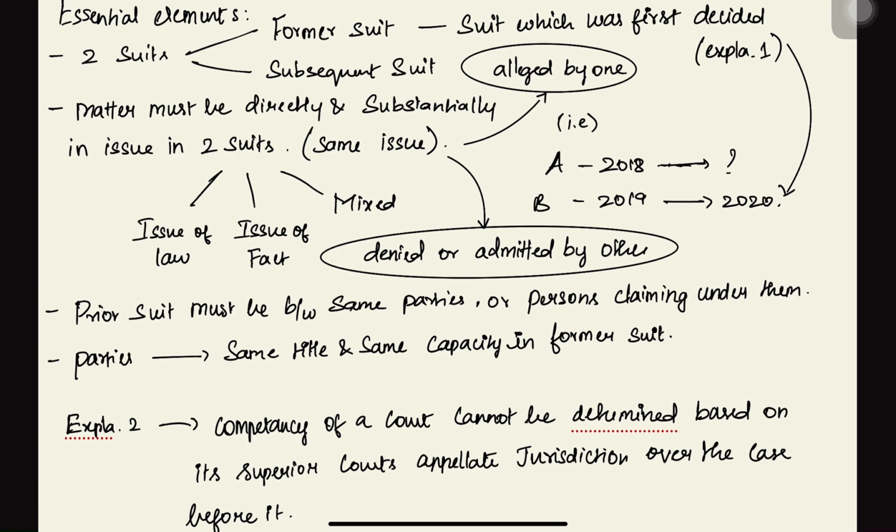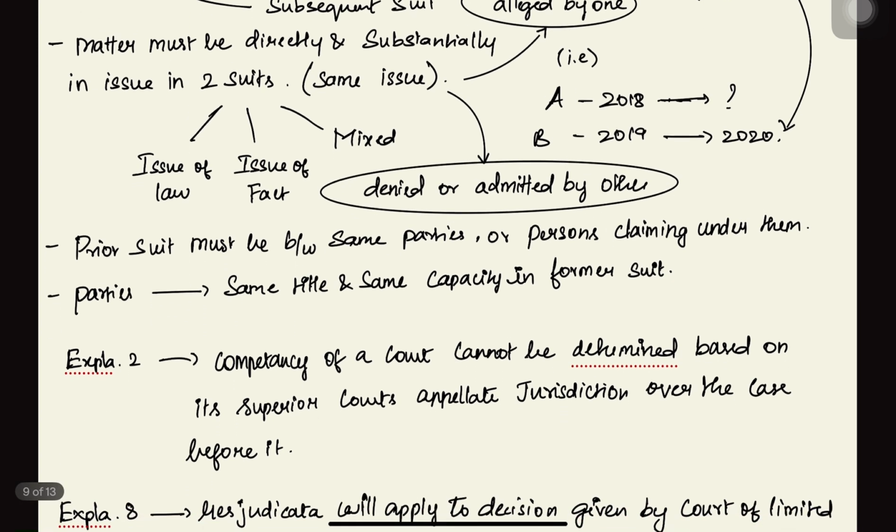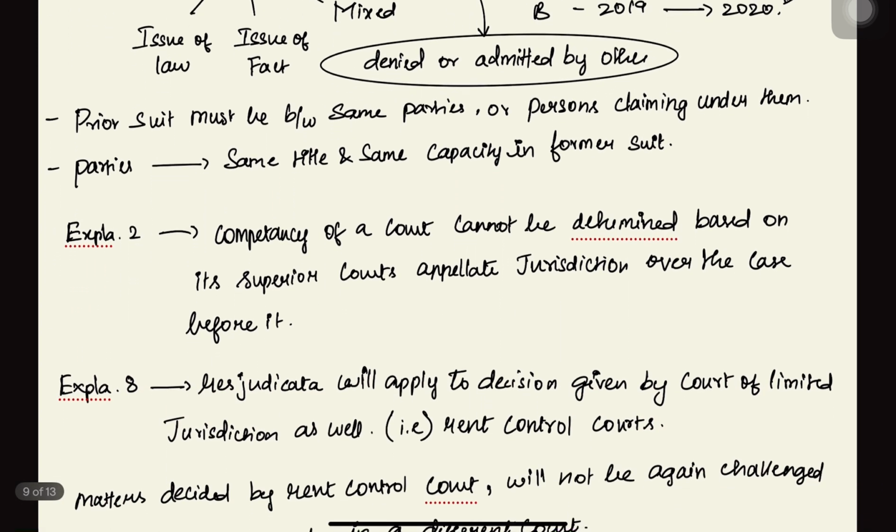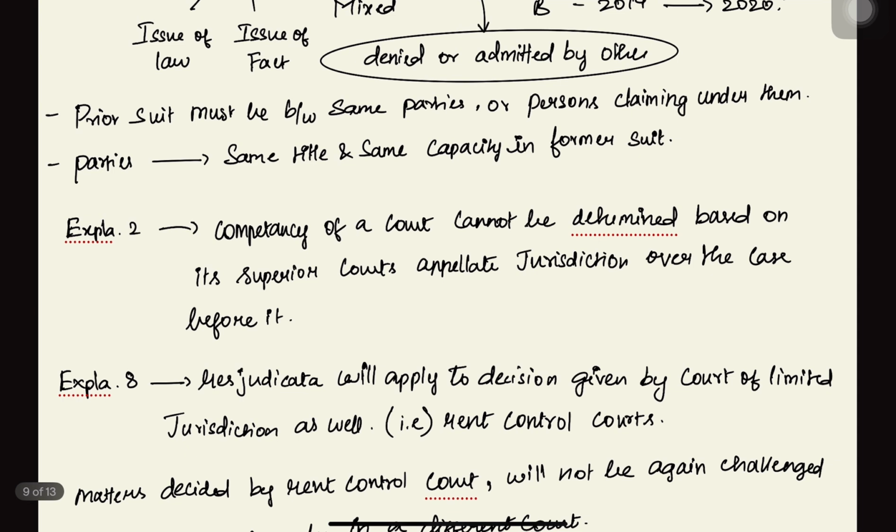The prior suit must be between the same parties or those claiming under them, like their representatives. The parties must be the same in both suits, and must be contesting in the same title and same capacity as in the former suit.